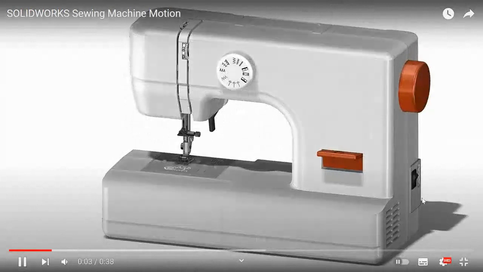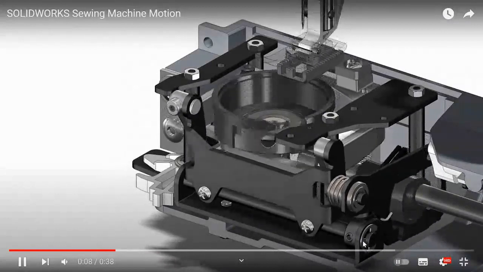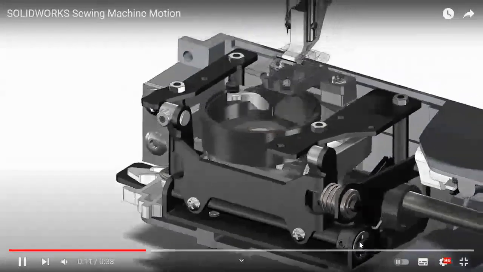Mechanisms are used in so many places. You see what a mechanism means. Very interesting video, I guess.